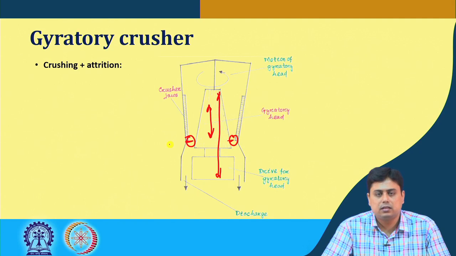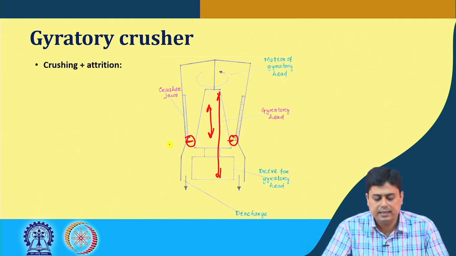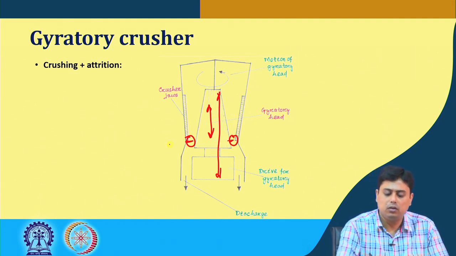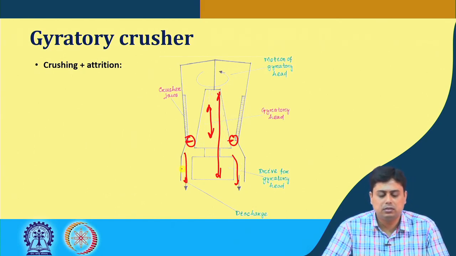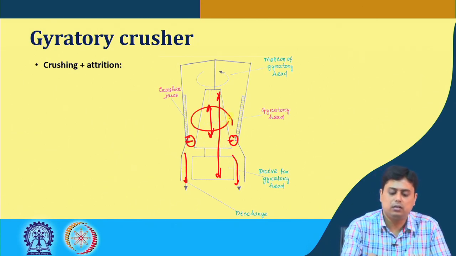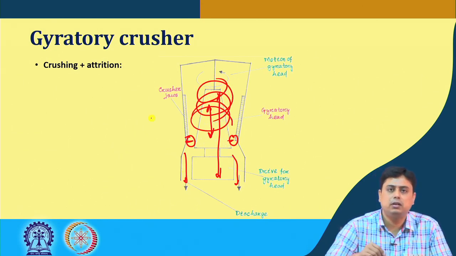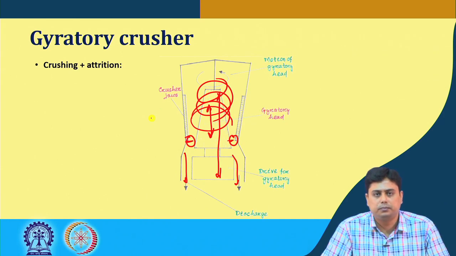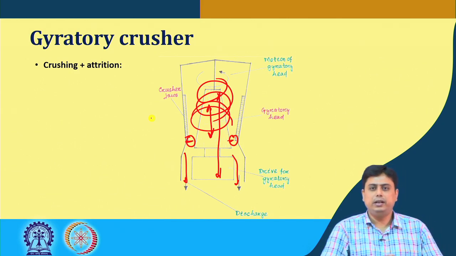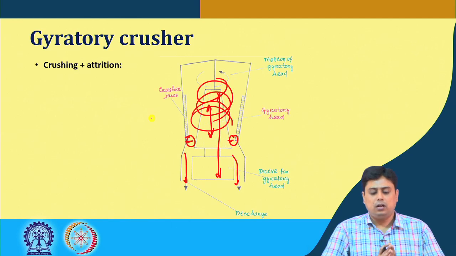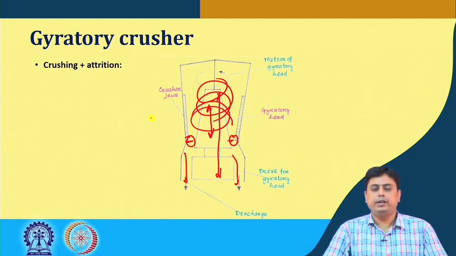So the particles of sizes smaller than this gap will come out from this chamber. Until that happens, the particles stay in the chamber and the crushing goes on. So one thing is very clear, that this size reduction process of handling solids is very prone to wear and tear.